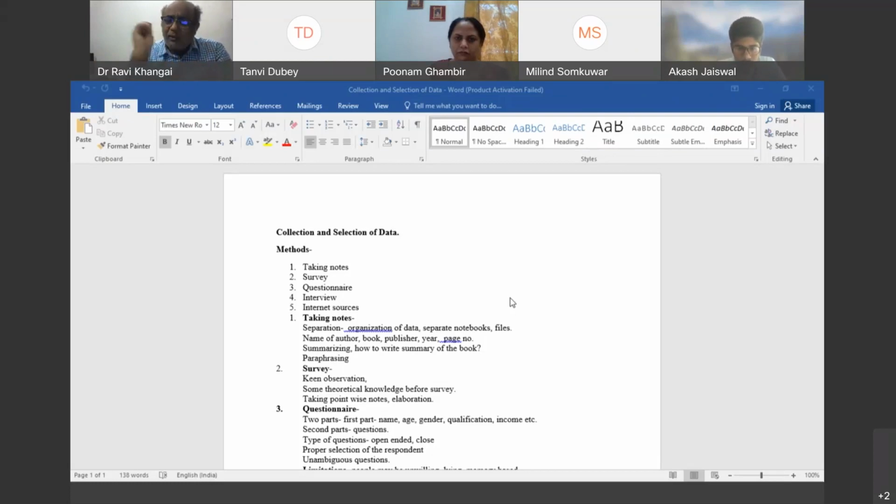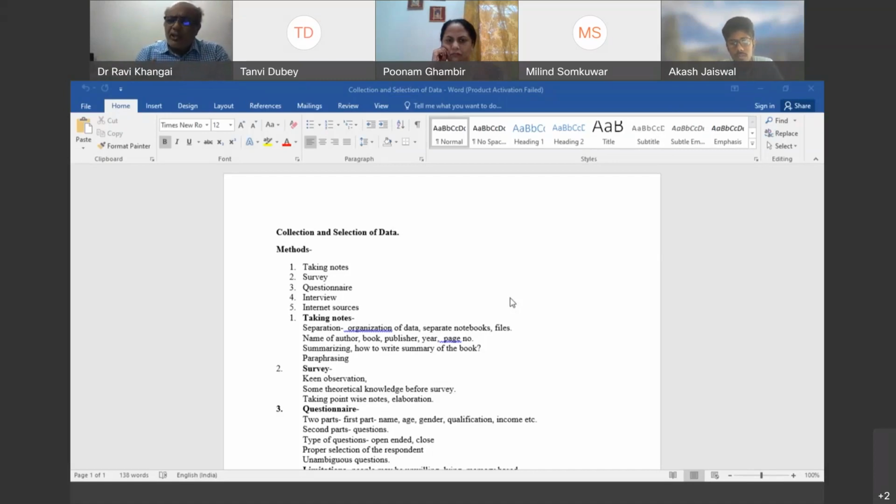About the questions, broadly speaking, there are two types of question. One is open-ended question and one is close-ended question. In case of open-ended question, generally you ask the question and the person will have the liberty to elaborate his answer, and that answer can be either short or quite long.